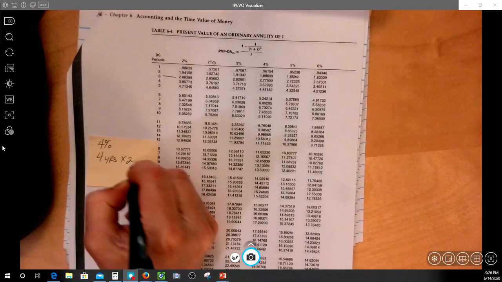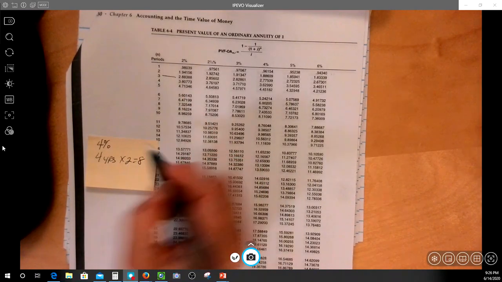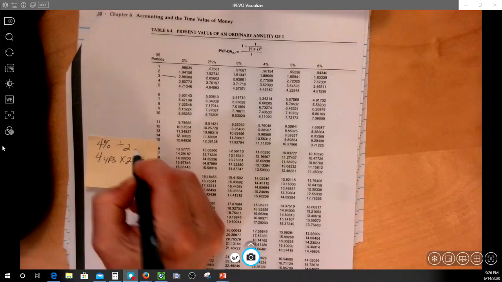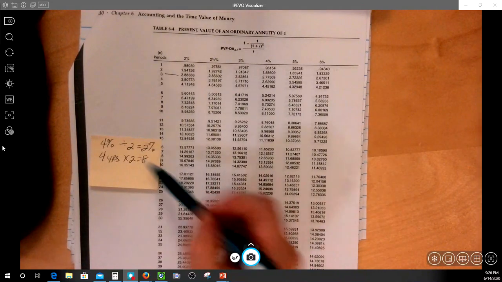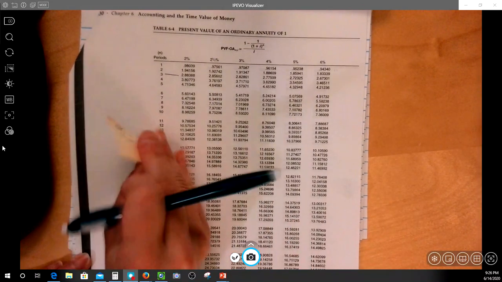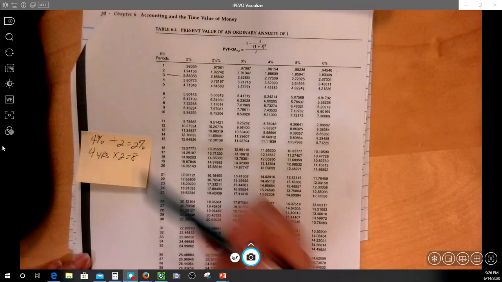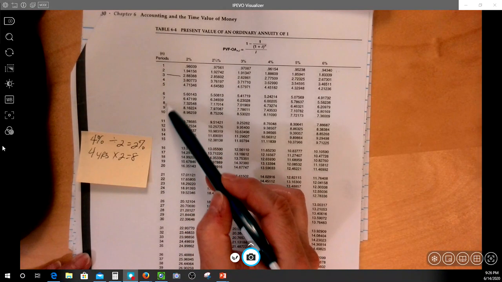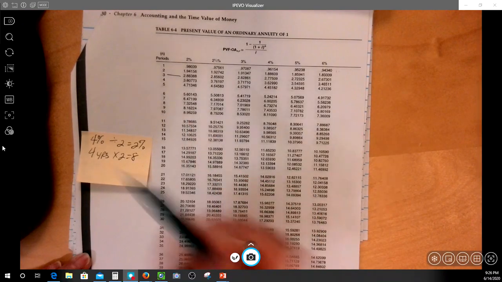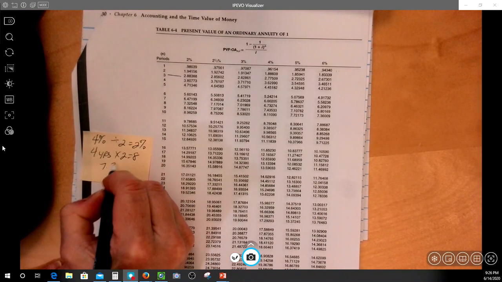Well, this is twice a year, so we've got 8 periods. I forgot to divide the rate by 2 and look in the 2% column. I had mentioned earlier that a lot of people miss that. I just did. So we've got 8 periods at 2%, so the factor is 7.32548.